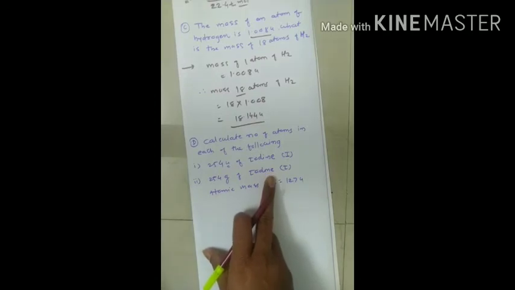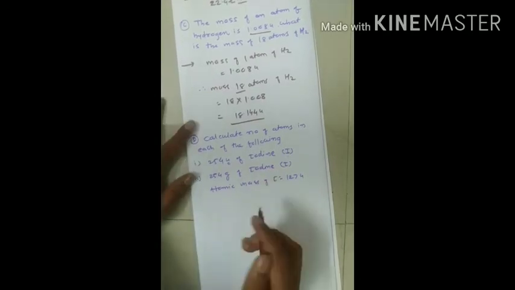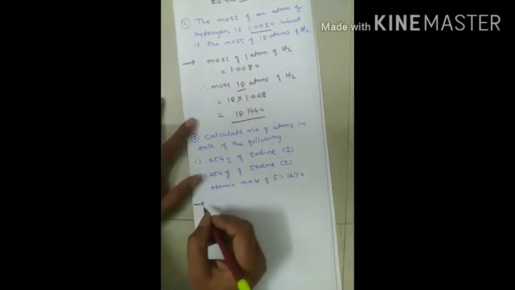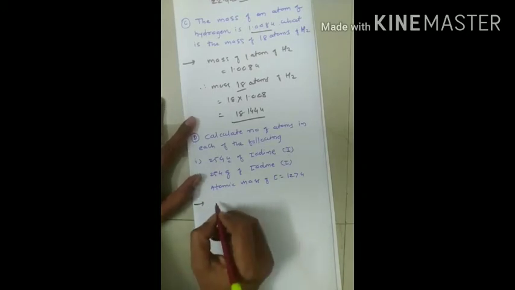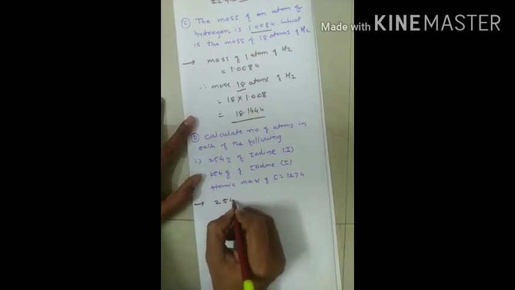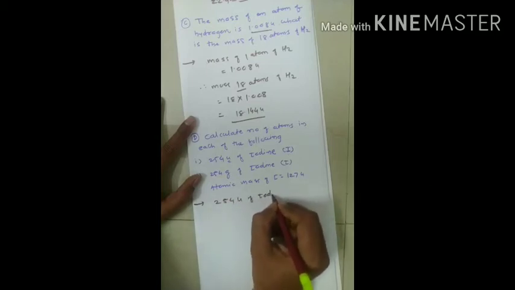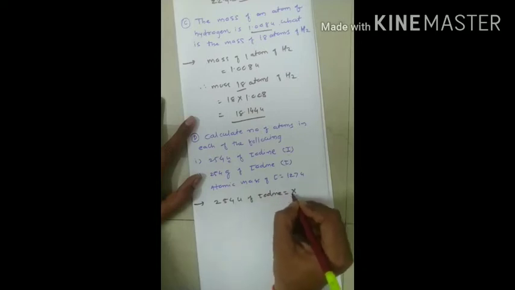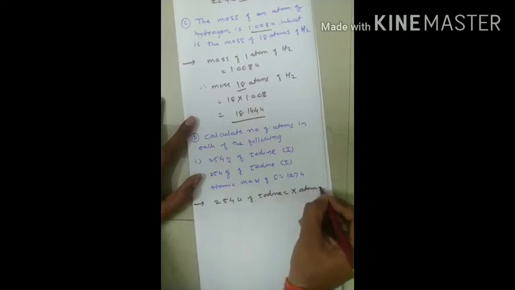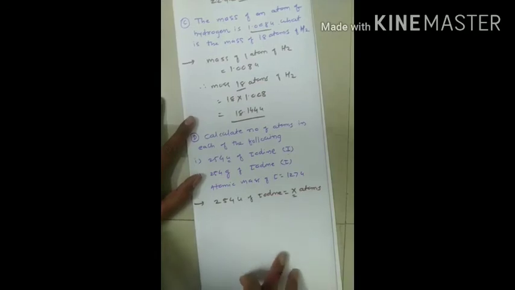Okay, so firstly, let us say 254 U of iodine contains an unknown number of atoms, which I am writing as X. It contains X atoms.